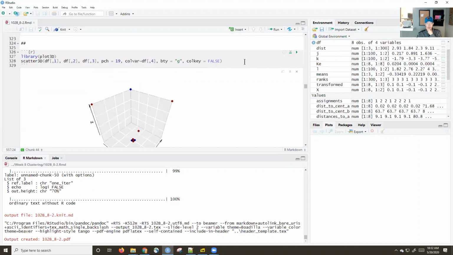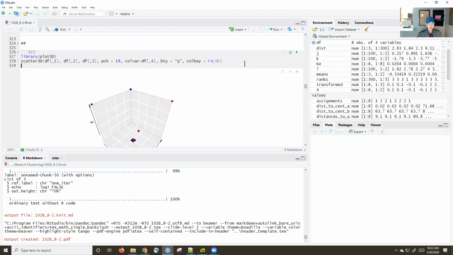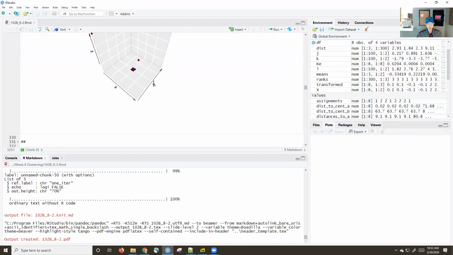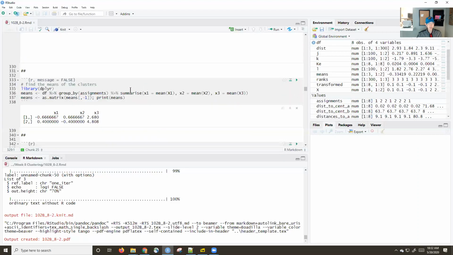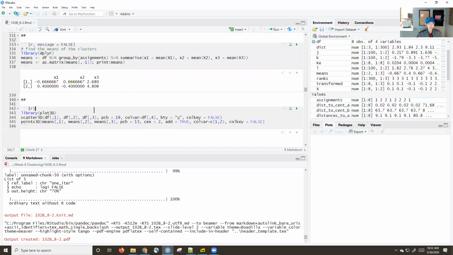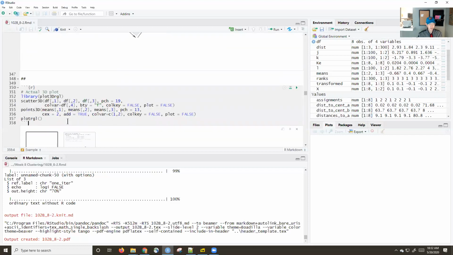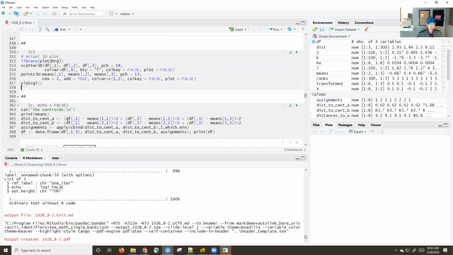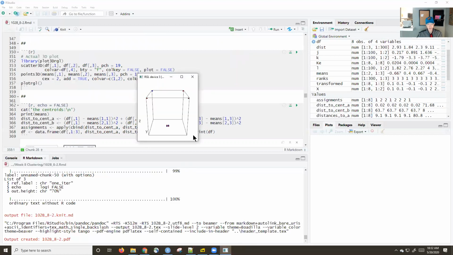How do I get my little window to pop up? Oh, this is the one I need. Okay, so, sorry. This is the thing I wanted.